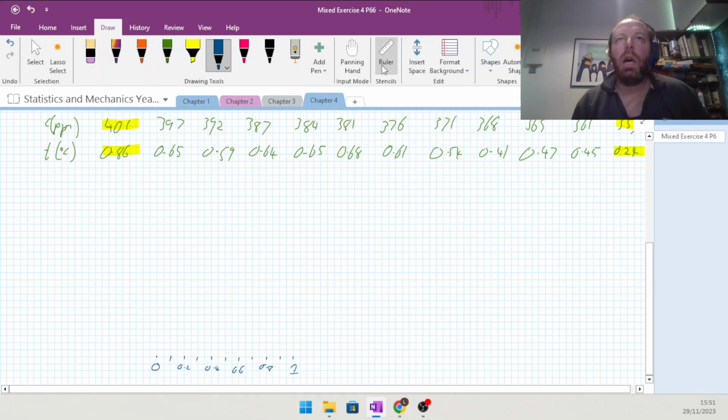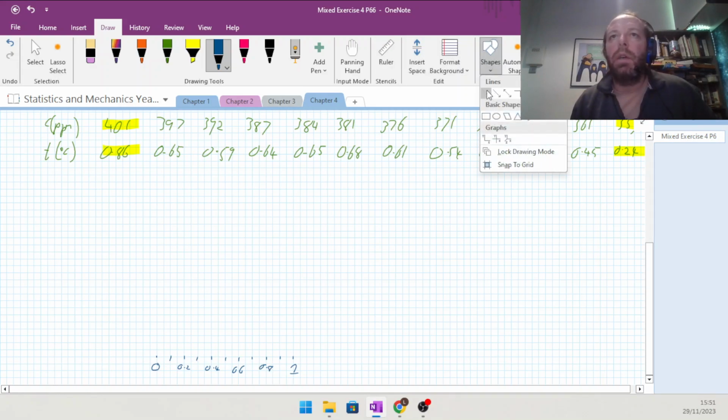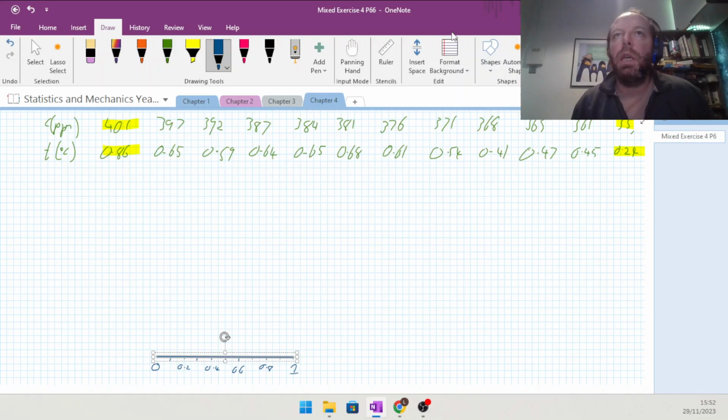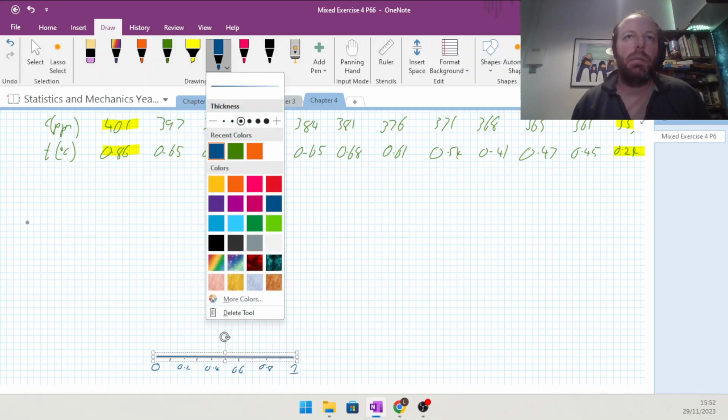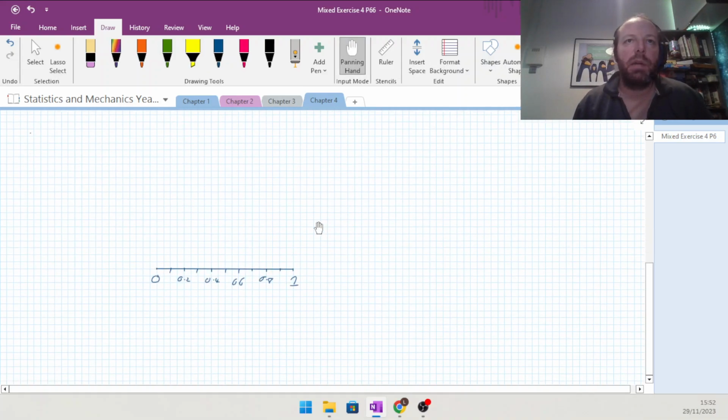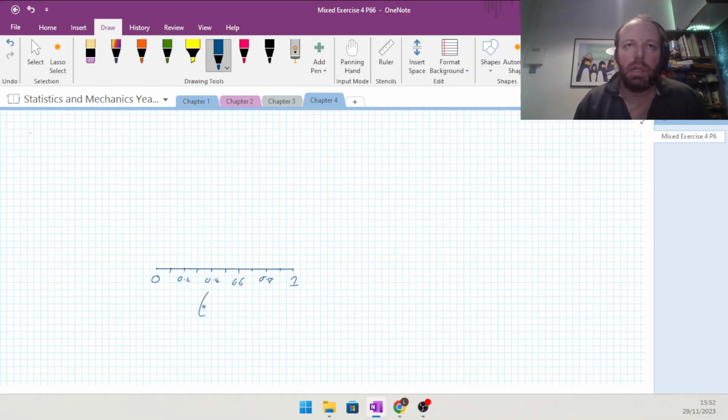Okay, and then we are going to put in the labels for the axes. This one is temperature in degrees Celsius.